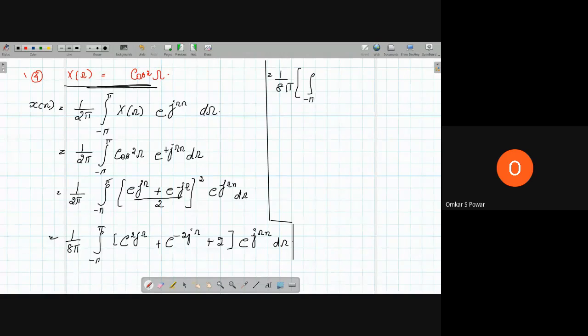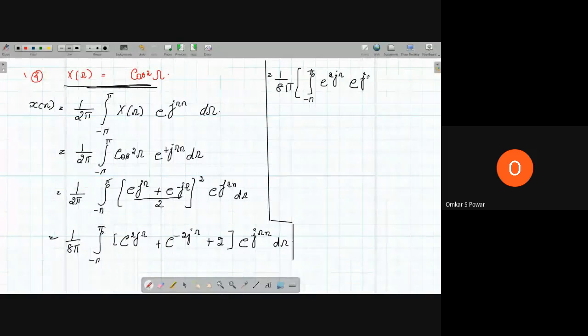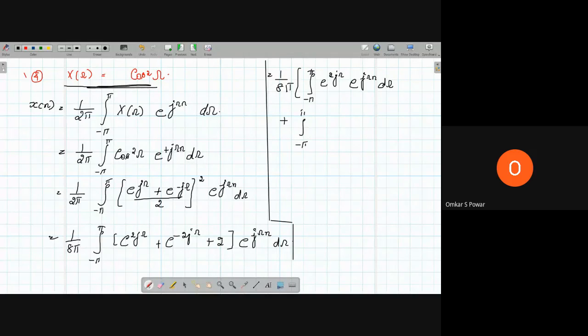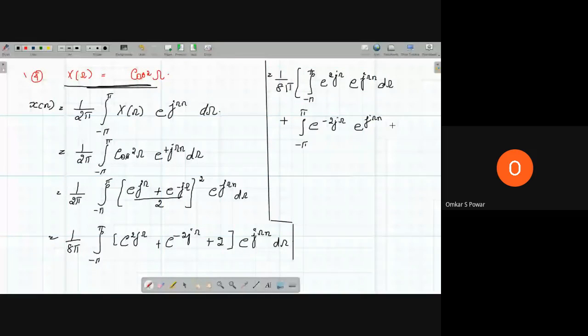Integral from minus pi to pi of e power 2j omega into e power j omega n d omega, plus integral from minus pi to pi of e power minus 2j omega e power j omega n d omega, plus integral from minus pi to pi of 2 into e power j omega n d omega.